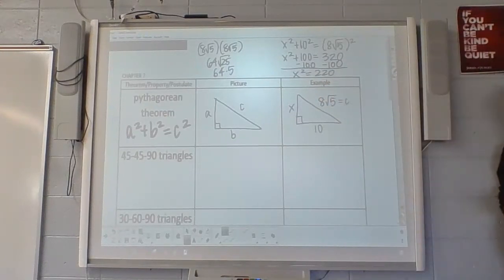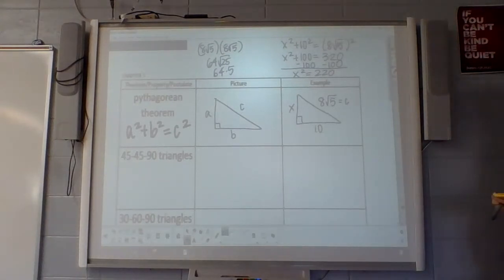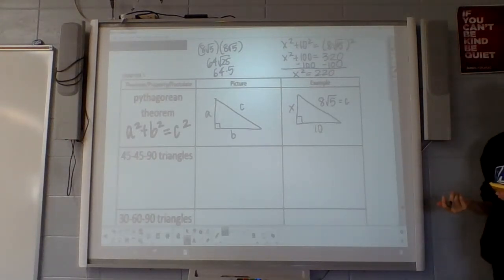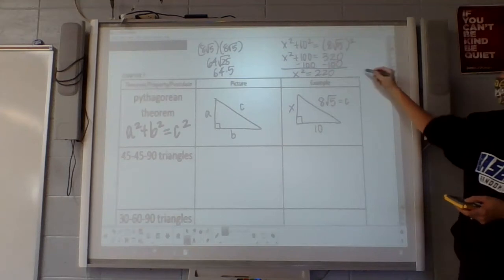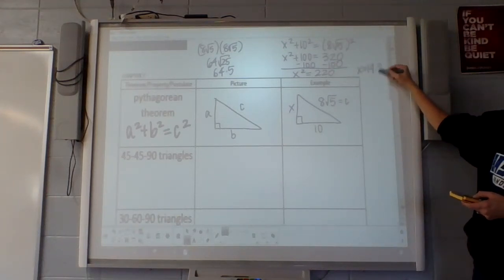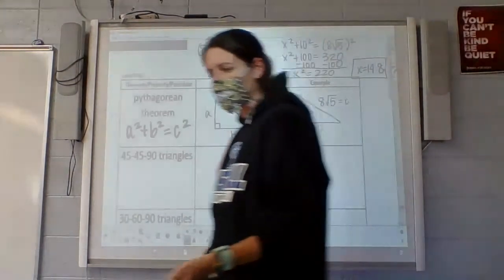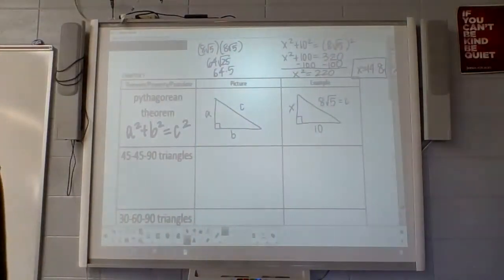To solve that, take the square root of 220, which as a decimal is like 14.8, or a simplified radical like 2 square roots of 55 or something crazy like that.